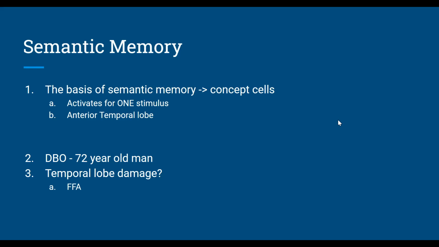One really important case that we're going to learn about is a man named DBO. DBO had a disorder where whatever he saw, he would be able to see it fine, but he wouldn't be able to identify it. The only way he'd be able to do that is by going around the room, with his kitchen, his stove, his cabinets, his sink, a cup.